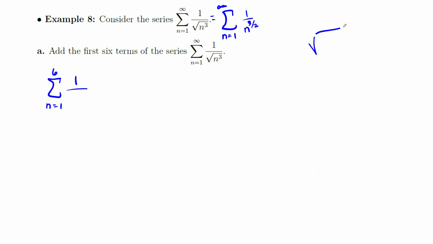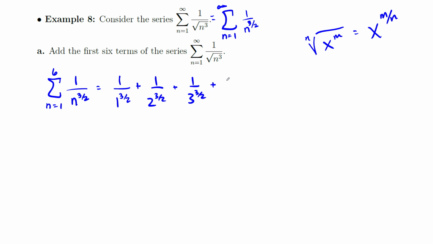Because remember that this always turns into the fraction exponent x to the m over n. So this is n to the 3 halves here. So this is 1 over 1 to the 3 halves plus 1 over 2 to the 3 halves plus 1 over 3 to the 3 halves, and so on. And that's just a matter of plugging into our calculator, and what I get there is approximately 1.828.